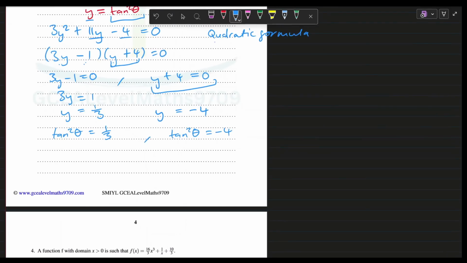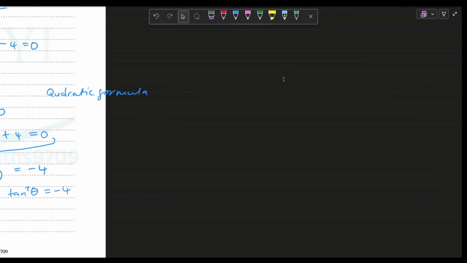So I'm going to start with this one and we're going to do it on the side. That's tan squared theta is equal to 1/3. The first step is to get rid of this power 2, and to do that you have to take the square root of both sides. But remember, when you take the square root, we get plus or minus.